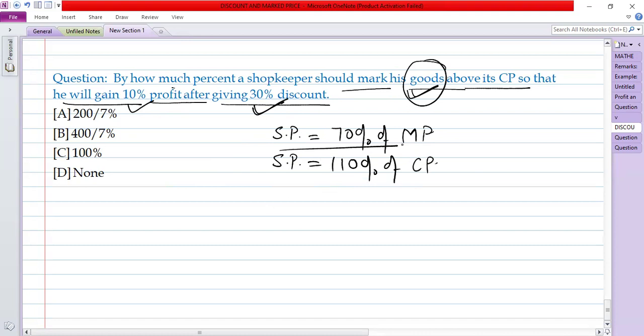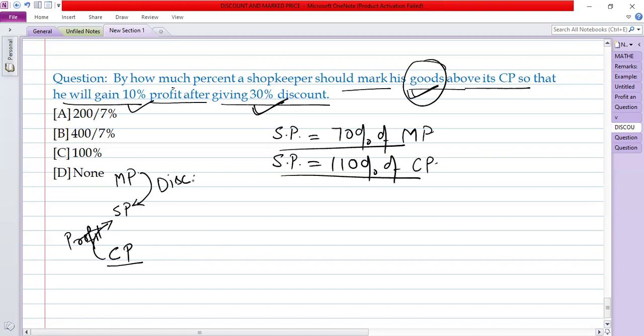Okay. So this is just like the same scenario. Keep this in mind: we have cost price, then selling price, and then marked price. From cost price to selling price, obviously it is profit. And from marked price to selling price, I have to come down by discount.